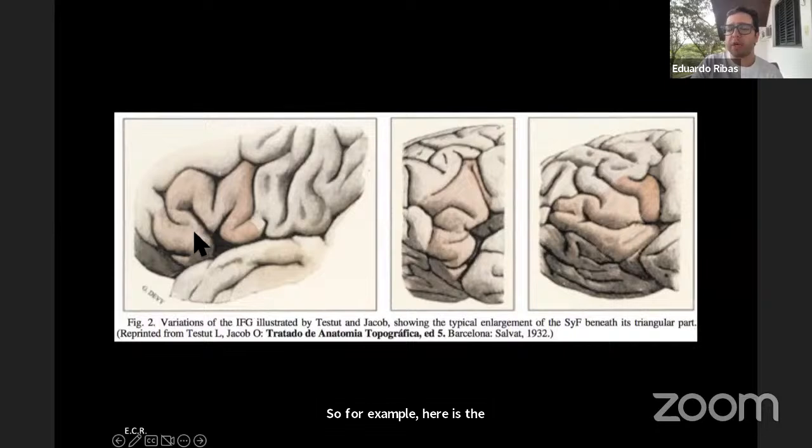The inferior frontal gyrus is subdivided into 3 parts. The most anterior one is called the pars orbitalis. The intermediate one is called the pars triangularis, and the posterior one is called the pars opercularis because it's already over the insula. That's why it's called opercularis. And it's really the connection of the inferior frontal gyrus to the precentral gyrus. So see here the subject in the middle.